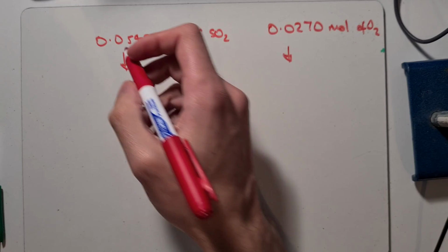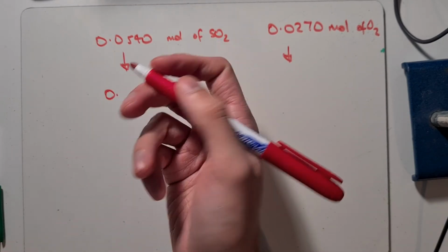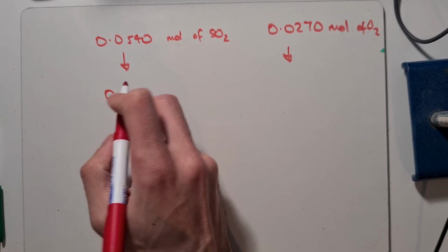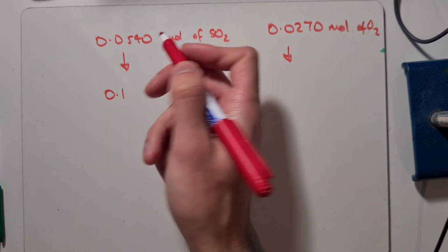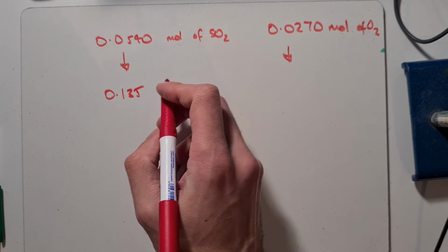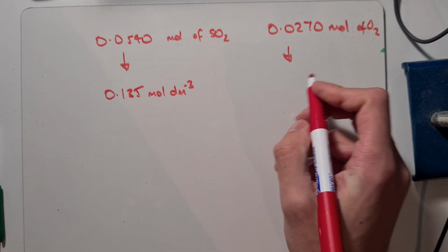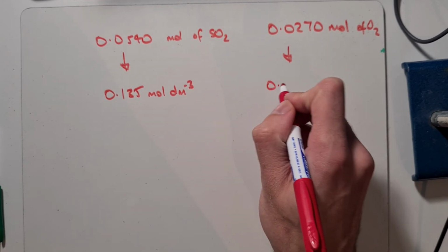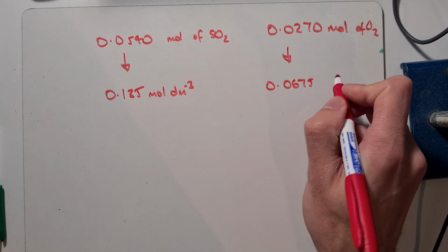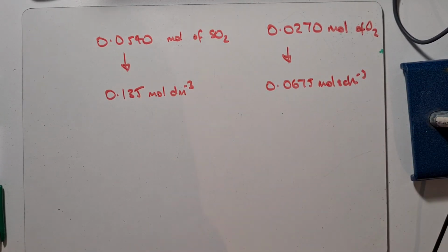Easiest way to do that is just to times each of these by 2.5 to work out how much is in a decimeter cubed. If there's 0.0540 in 400, then there'll be 0.135 moles per decimeter cubed, and there will be 0.0675 moles per decimeter cubed of the oxygen.